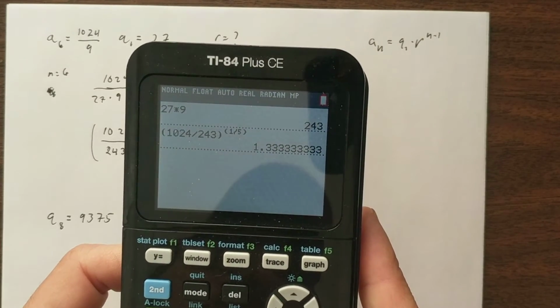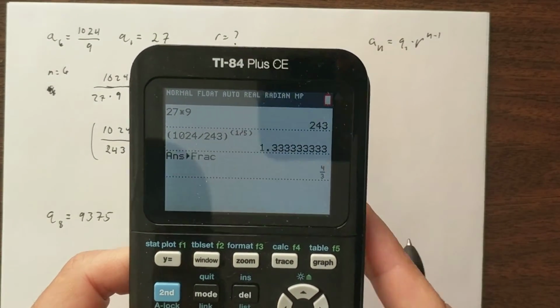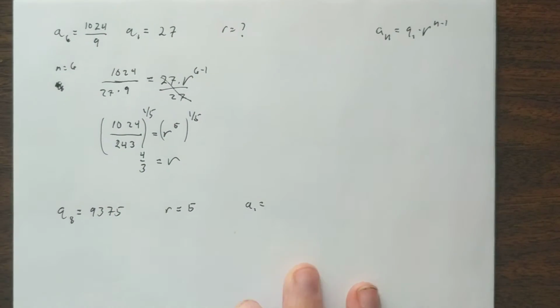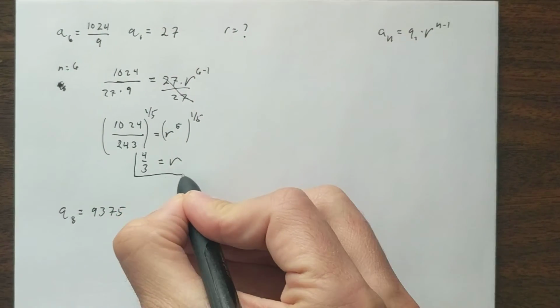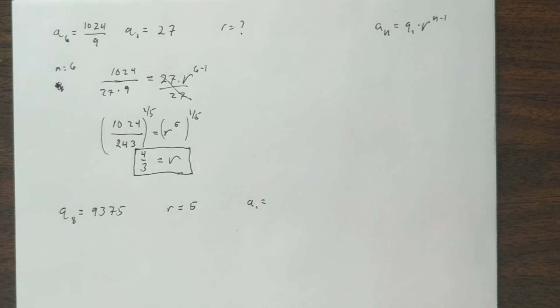We get a decimal, but just change that into a fraction, and we get 4/3. So my rate is 4/3. These answers should almost universally be pretty nice, like a reasonable fraction. So if you get a decimal that can't be turned into a fraction, more than likely you're going to be wrong.